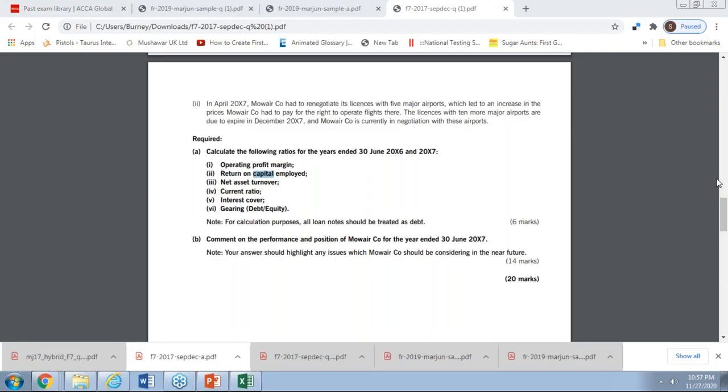I was just saying that the company is largely financed by loans instead of equity. So the company should do something in order to improve the equity and reduce its loan.